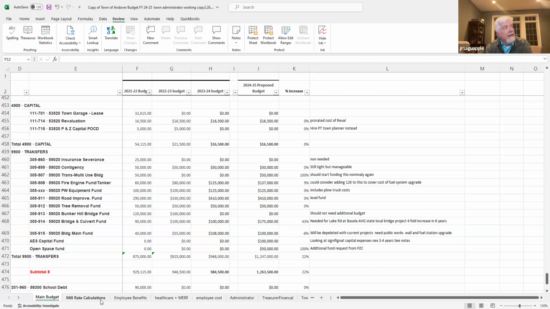All right, the AES Capital Fund, we are funding that at $100,000. Obviously, that money can be used for any project that's currently available or currently in need at the school. But with the stipulation, it has to go through CIP. Correct, that's accurate.